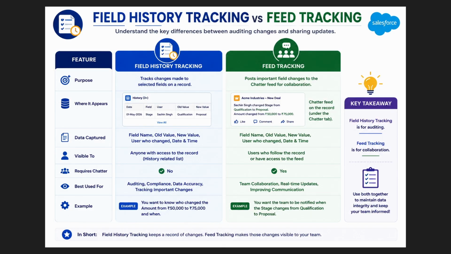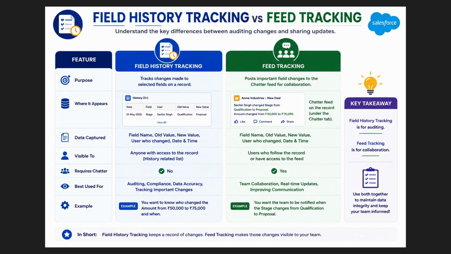And field history tracking is best used for auditing and compliance. On the other hand, feed tracking is used for collaboration with other users. If we talk about Chatter, field history tracking does not require Chatter, but on the other hand, feed tracking requires Chatter. Okay, so at the end, you can say field history tracking is mainly for auditing and feed tracking is mainly for collaboration.